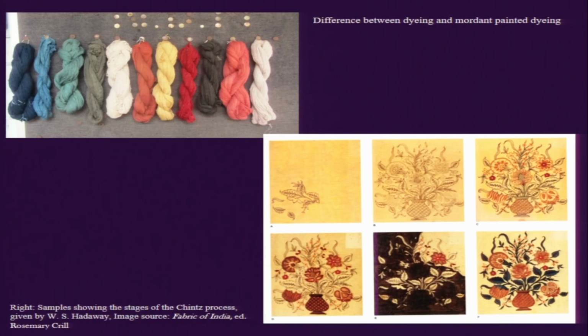Myrobalan is a fruit which gives the pale yellow tone that we see in the overall textile in Kalamkari mostly. It gives this very characteristic background for Kalamkari textiles. And on top of that we see how the black lines are drawn. Myrobalan is also tannin rich, so the iron based black solution works very well for yielding the black color or any shades of brown.